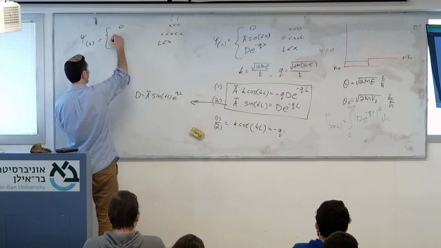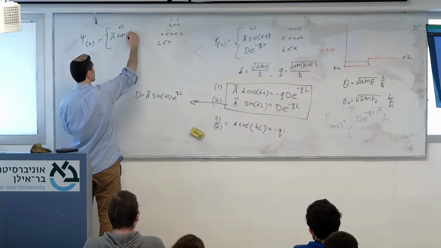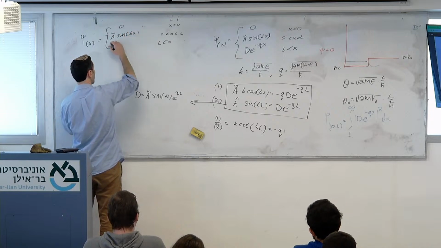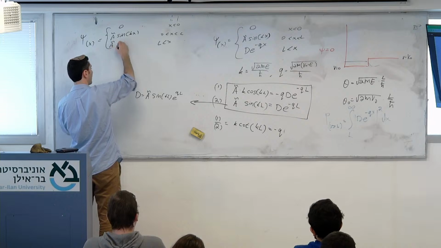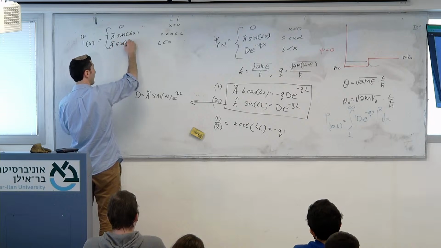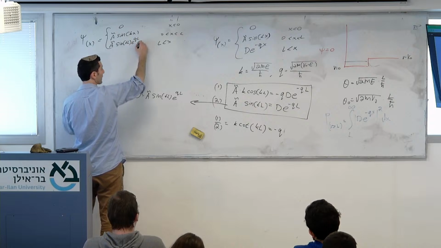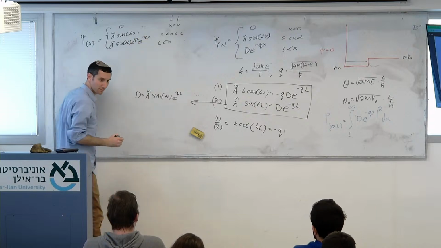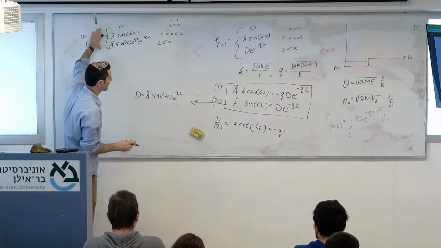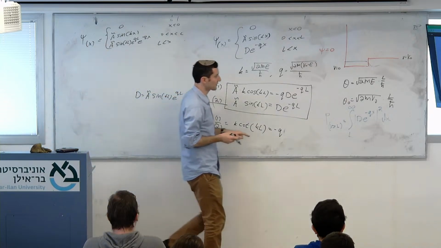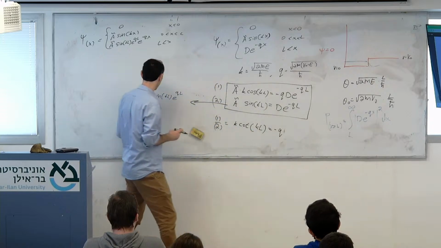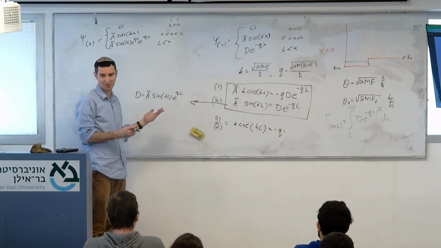Here I have a tilde sine kx. Here I have a tilde sine kL e to the qL times e to the minus qx. Now, in order to find d for this, I need to find a for that. In order to find a, I need to normalize.